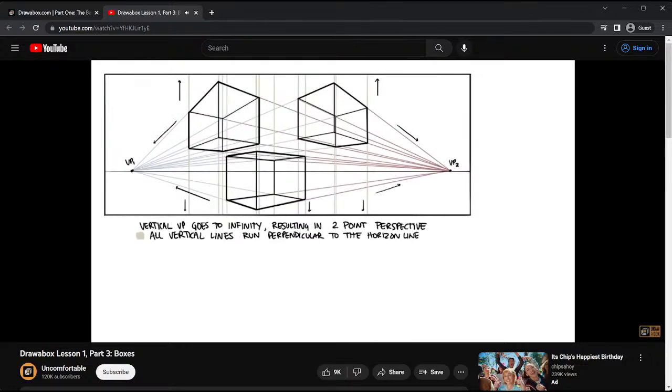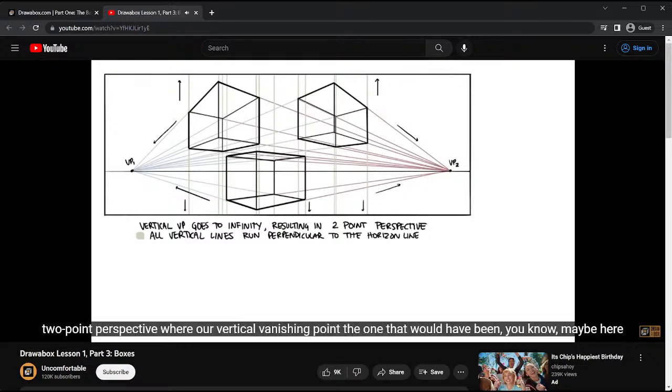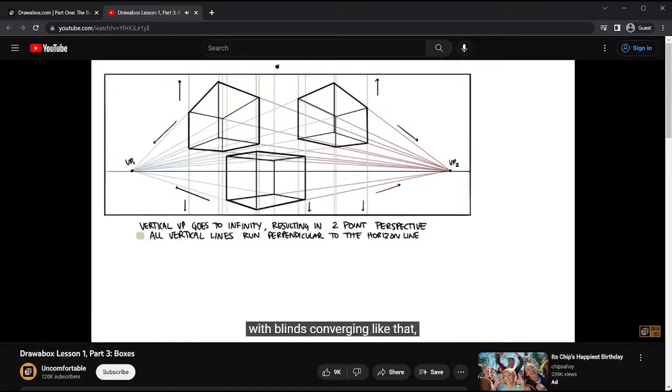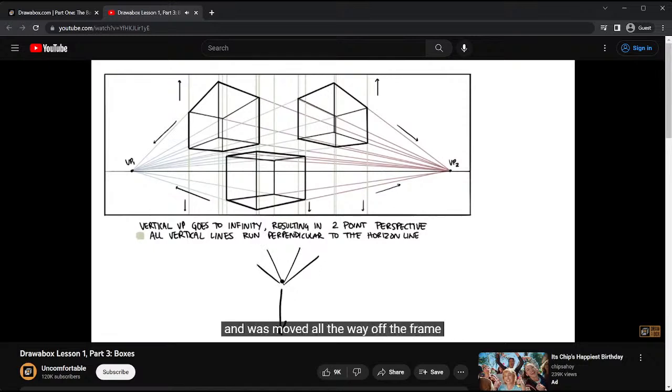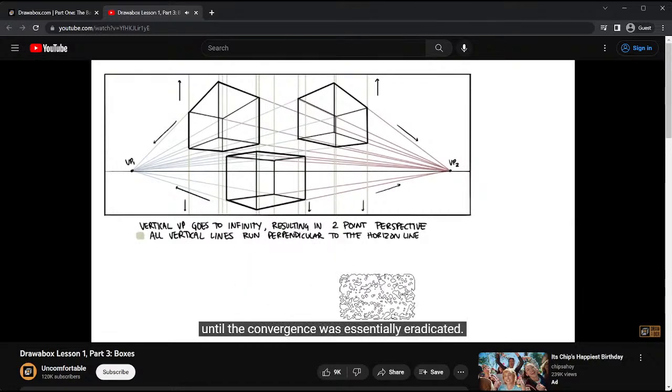This is 2-point perspective, where our vertical vanishing point, the one that would have been, maybe here with lines converging like that, has moved so far off that the vertical lines are now effectively parallel to one another. It could have actually also been down here. At one point it may have been converging this way and then it slid and was moved all the way off the frame until the convergence was essentially eradicated.